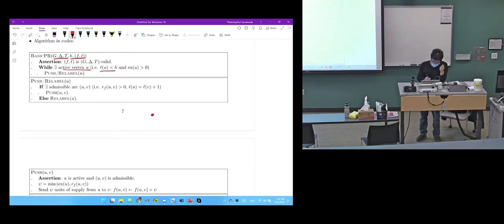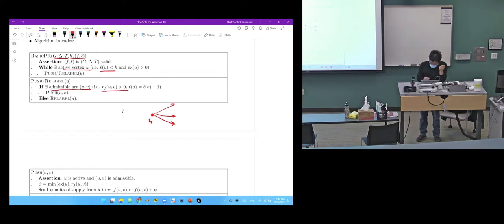And what is the condition? Basically, if this is U, then you look for an admissible arc at U. You look at the residual graph, right?